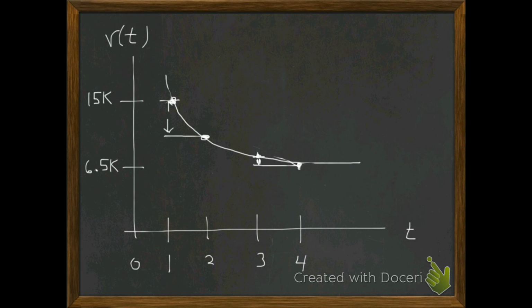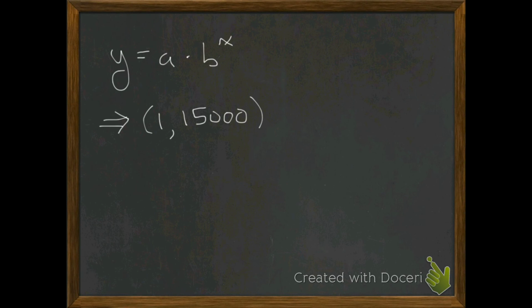Okay? Now, let's go for it. So again, we're going to use this form. So for the value of 1, 15,000, we're going to get 15,000 equals A times B to the first power.